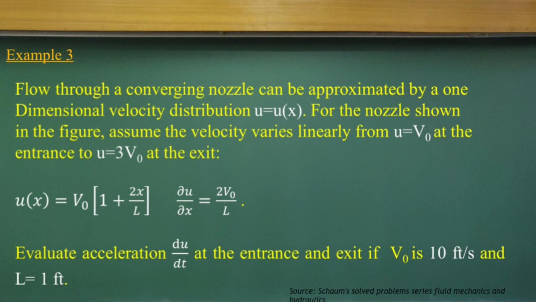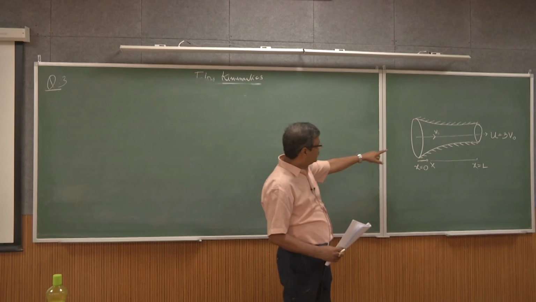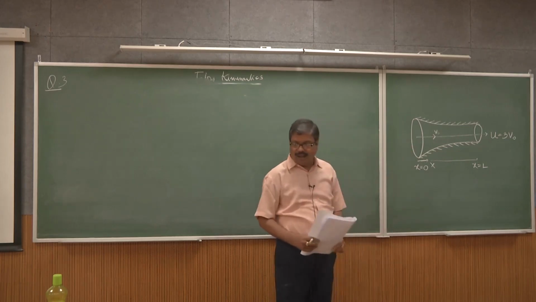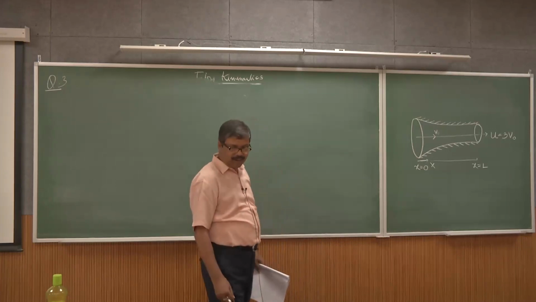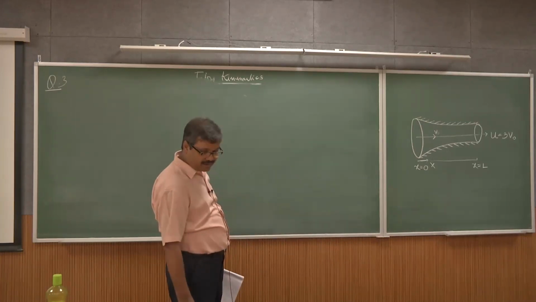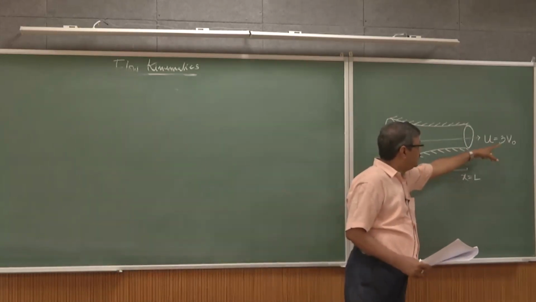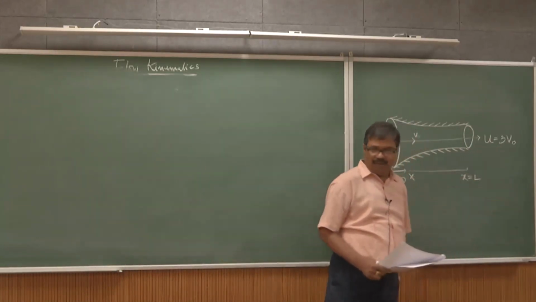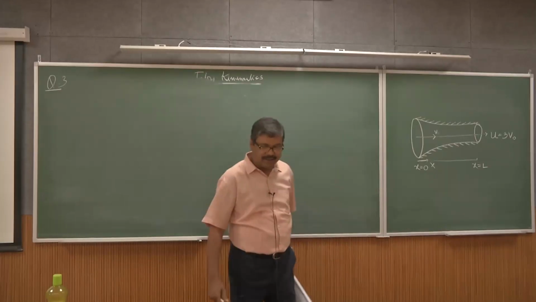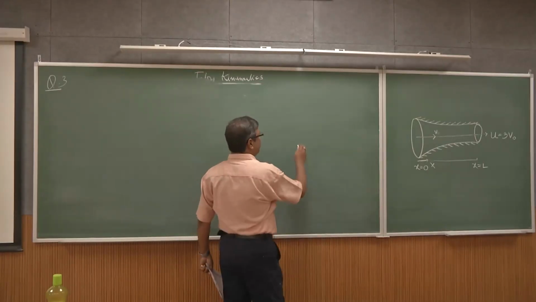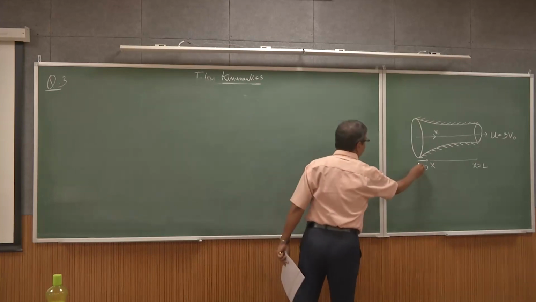A velocity distribution is given with respect to the x direction, and from the nozzle shown in this figure, assume the velocity varies linearly: at the entrance point it is v naught, and the velocity at the exit point will be 3 times v naught.